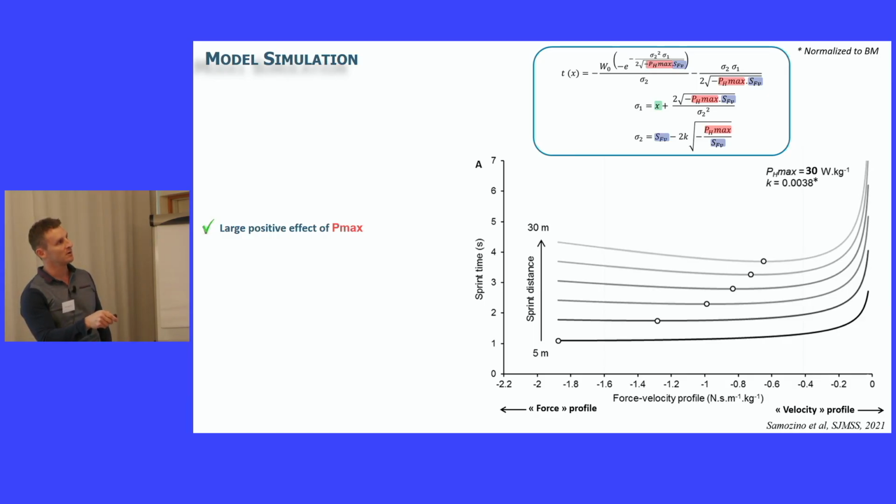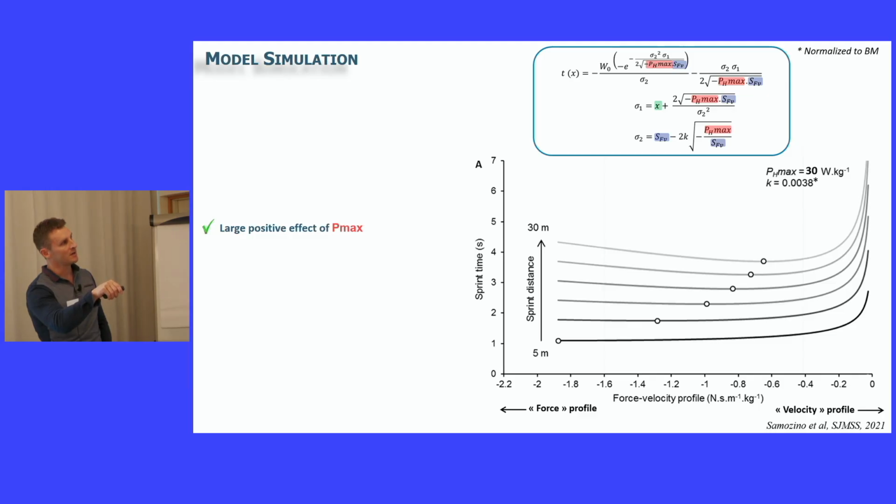For example, here 30 watts per kilogram, and we change the orientation of the force-velocity curve. For example, here for 30 meters, we change the force-velocity orientation from a force profile to a velocity profile, and we can see that the time to cover 30 meters decreases until a point corresponding to the best performance, and after this the time increases again.